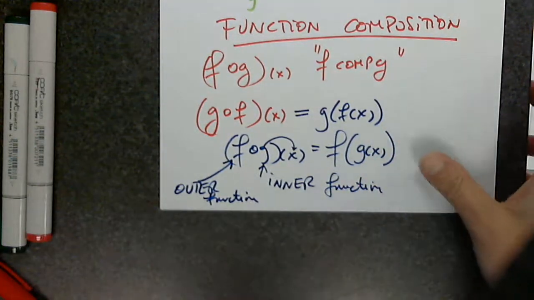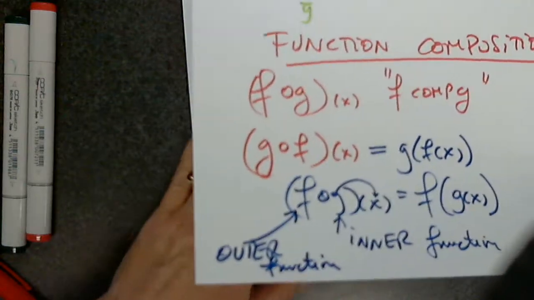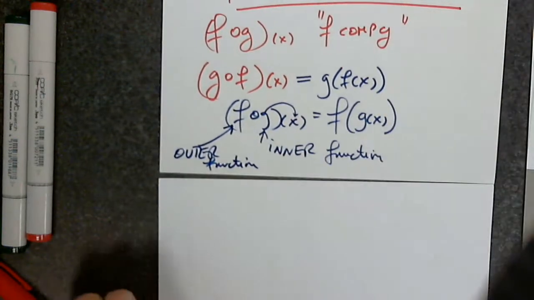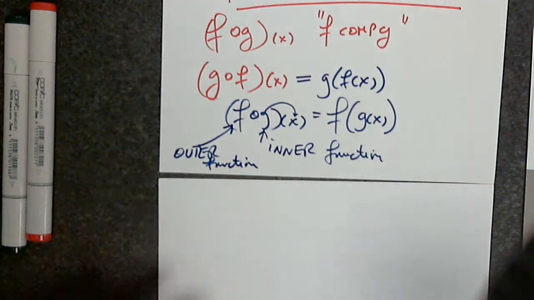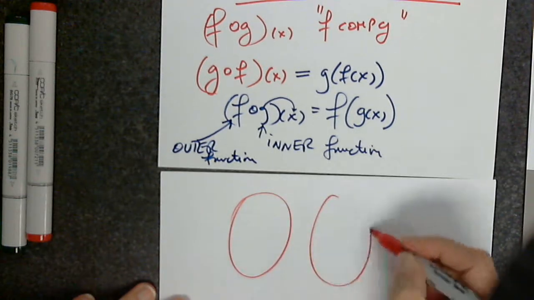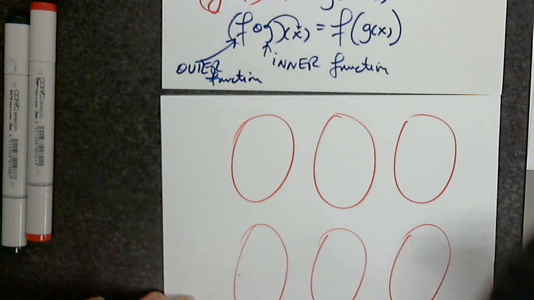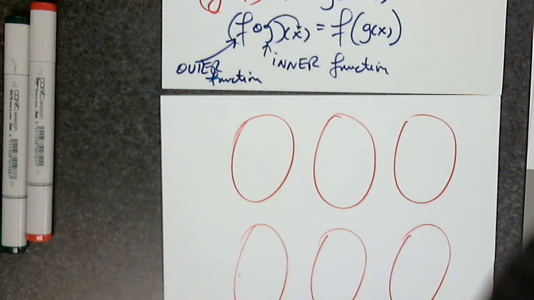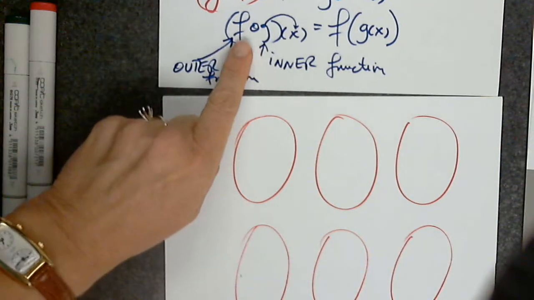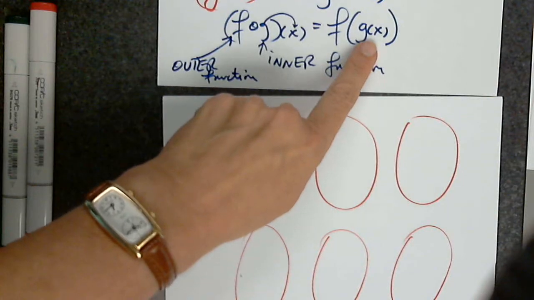Now here there is no need for a common domain. None whatsoever. Okay? Here is the idea. Totally different. Which function do we apply first in F comp G?